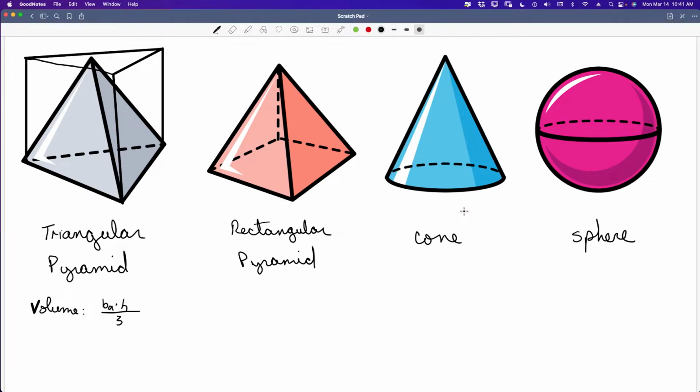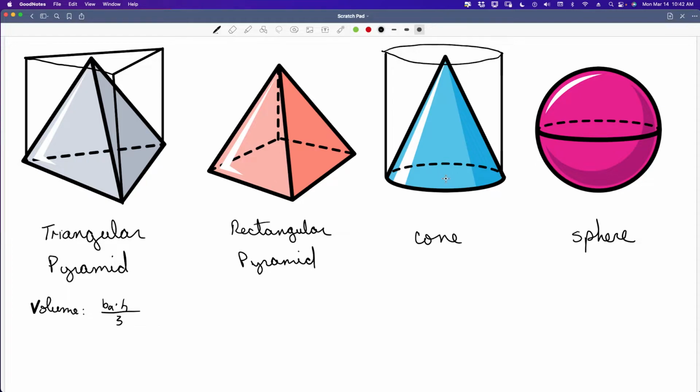And the same is true for a cone. If I were to draw a semi-straight line here and a straight line here, we could envision the cone being a right circular cylinder, right? This is the top and this is the base.